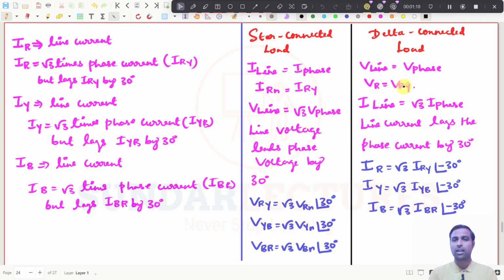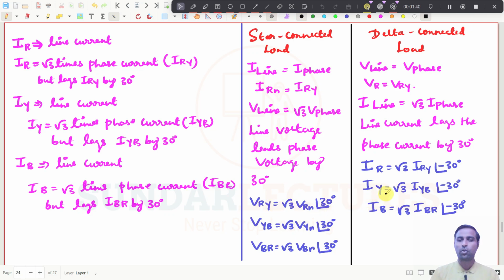We have just compared two different connections, the star connection and the delta connection. In star connection, the line voltage is denoted by VRY, but in delta connection we denote the line current by IR. This is the line current here, but this is the line voltage here.